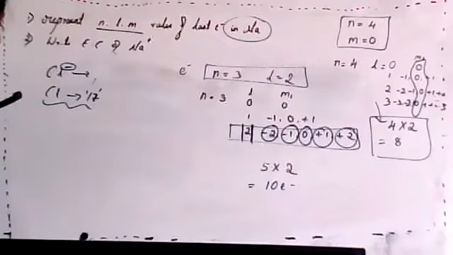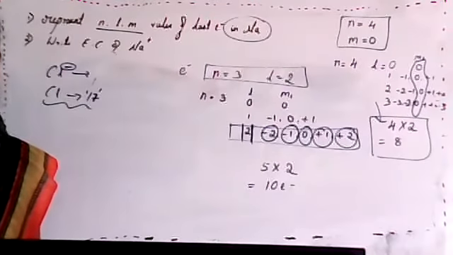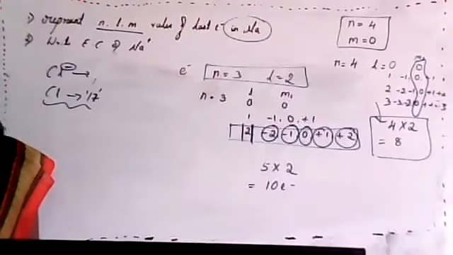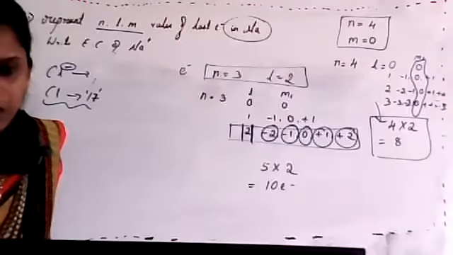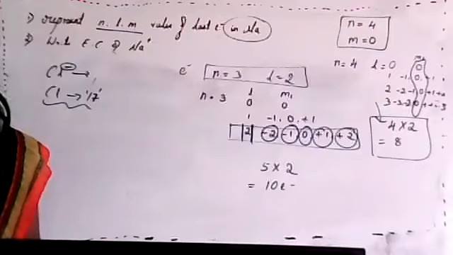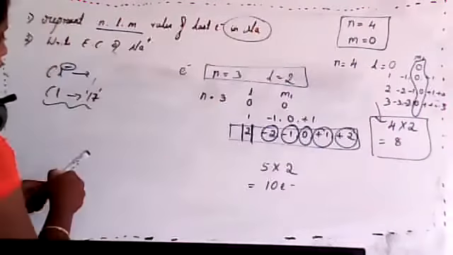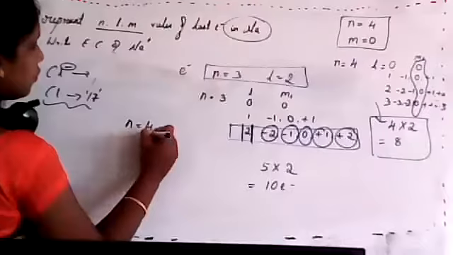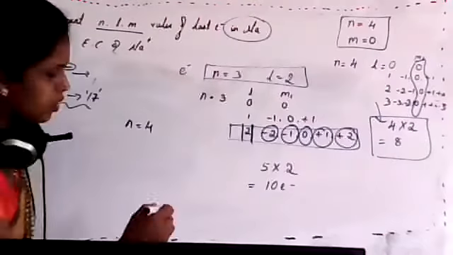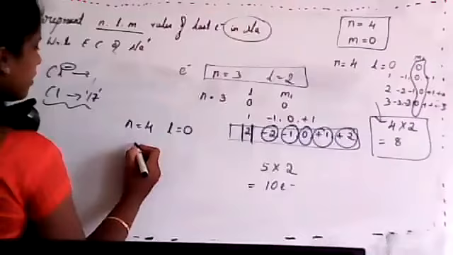How is it 2? Which one is 2, Shraddha? For n equals 4 and L equals 0.